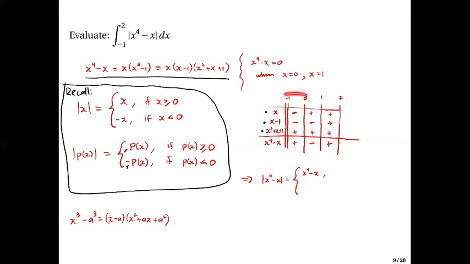It means in this interval and in this interval here. So you'll just copy x to the 4 minus x if your x belongs to the interval -1 to 0 or 1 up to 2.